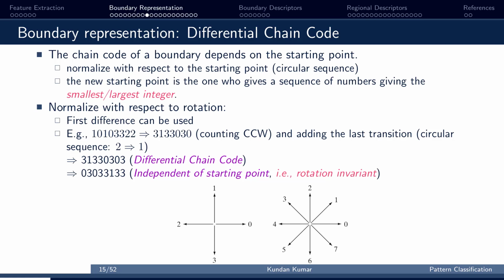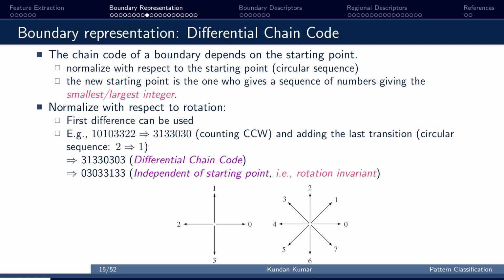And as we discussed, whatever boundary representation we need, that means whatever features we extract, should be scale invariant, translation invariant, rotation invariant, and some affine or illuminance invariant. But it is very clear here that it depends on the starting point. That means it is rotation variant.